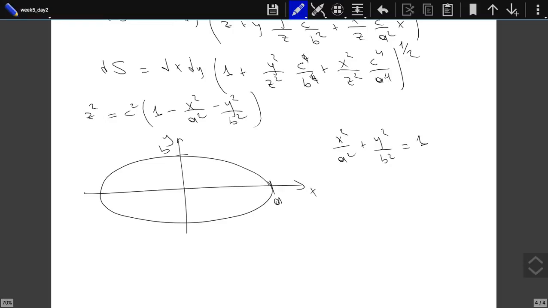Instead of x and y, you can define x is equal to a times r times cosine theta, and y is equal to b times r times sine theta. Then this domain is r less than or equal to 1.